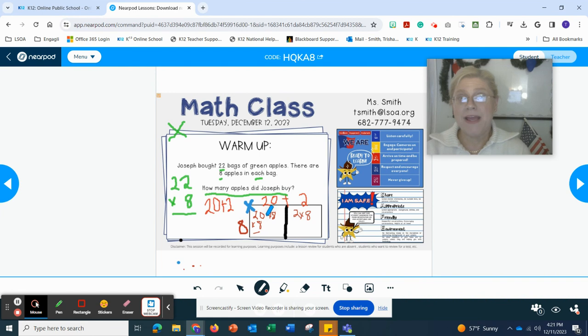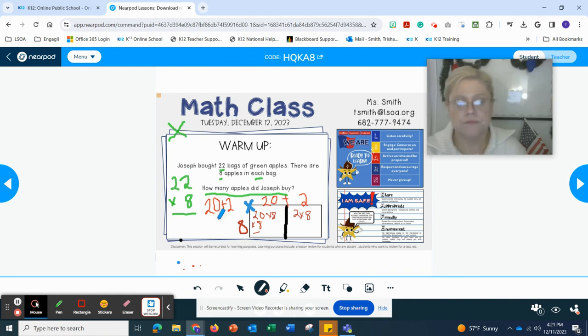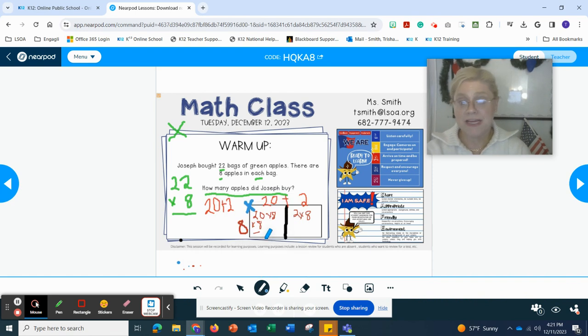Now, we know when we are doing standard algorithm, 0 is our hero. 0 times 8 is 0. I'm going to change my pen color just so that I can follow along. 0 times 8 is 0. And then we go down.